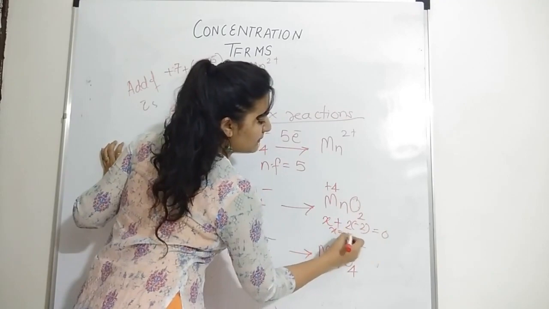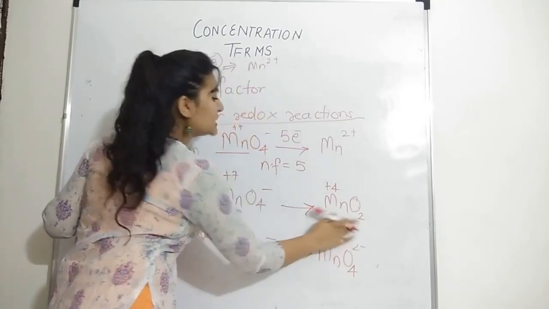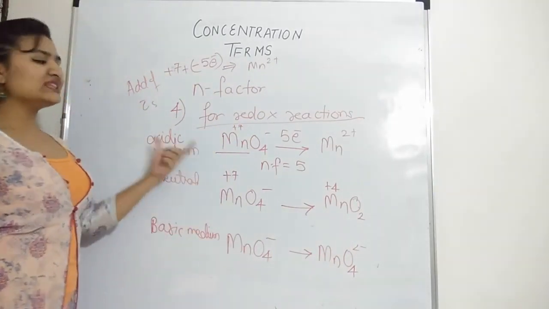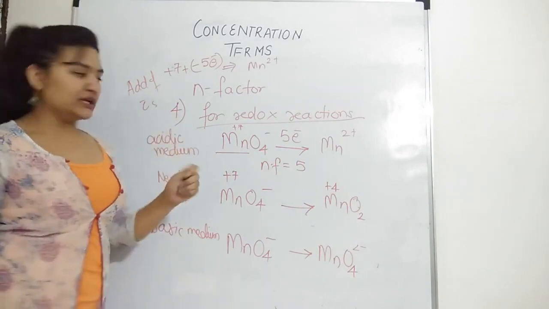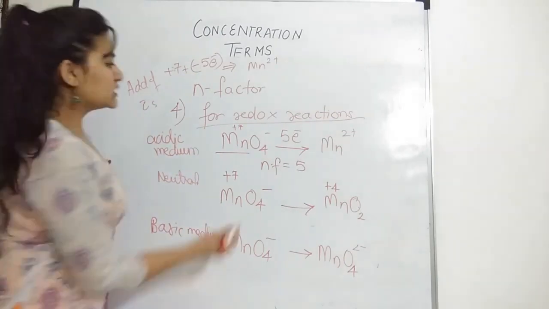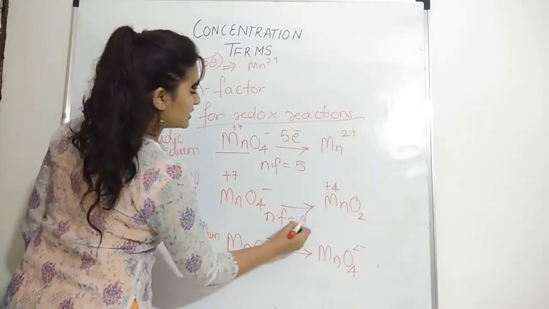So x will be plus 4. So from plus 7 to plus 4, what will happen? The gain of electrons occurs here, in slightly acidic or neutral medium. So there will be a gain of 3 electrons, so the N factor will be 3.